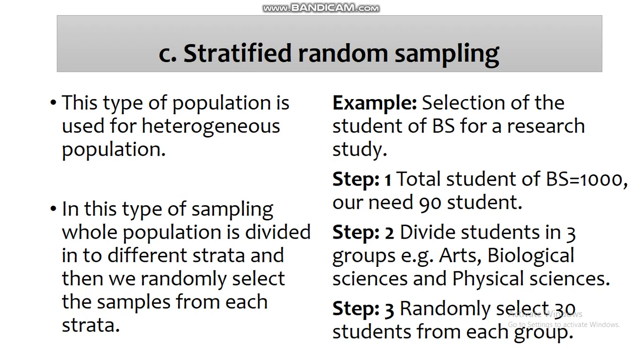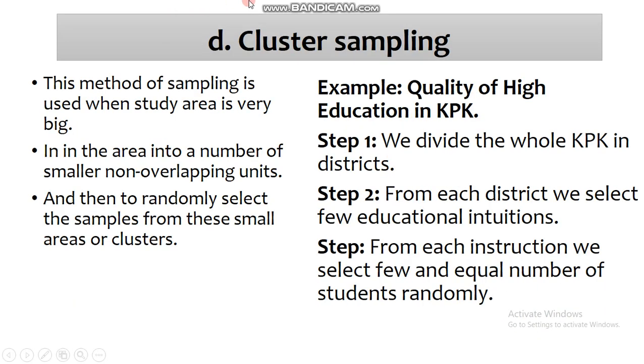We need 90 students, that's why we select 30 students from each group, but this selection is again on a random basis, not based on our choice. We divide the population because of its heterogeneity. The population is heterogeneous in nature, that's why we apply such a sampling technique on it.